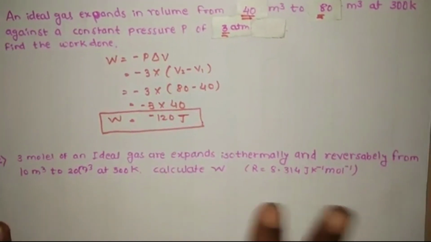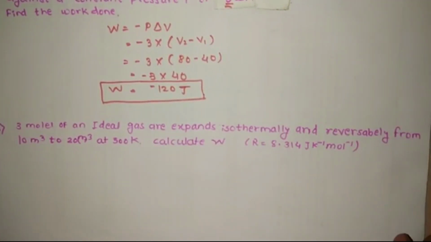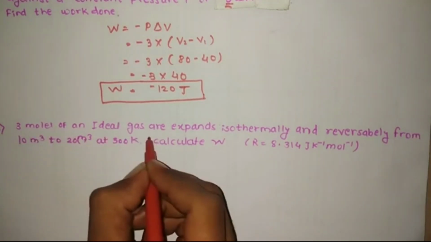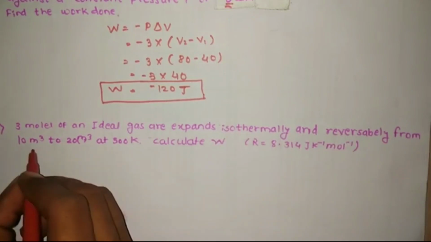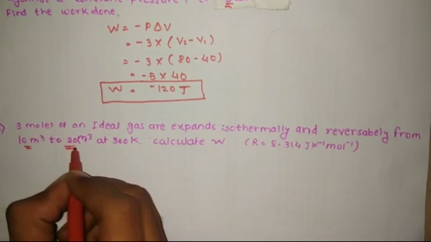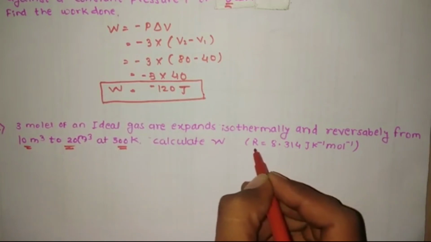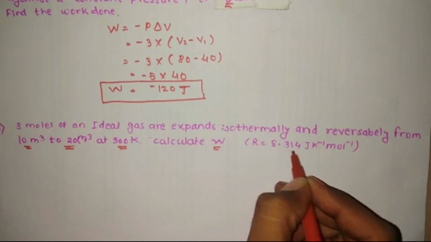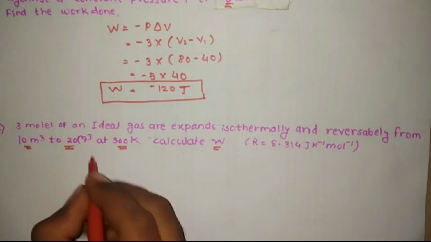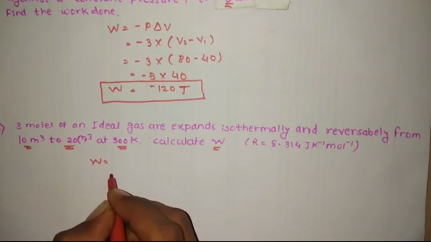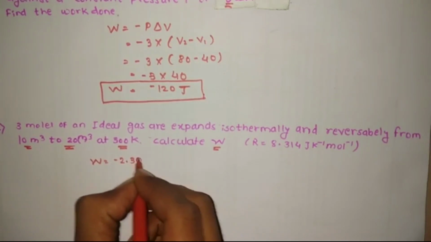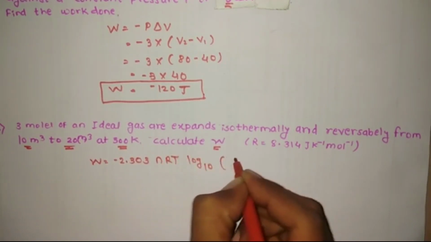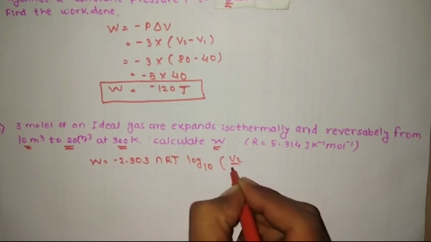Now the question related to maximum work done. 3 moles of an ideal gas are expanded isothermally and reversibly from 10 meter cube to 20 meter cube at 300 Kelvin. Calculate the work, and R is given as 8.314 joule per Kelvin per mole. We know that the formula for maximum work is minus 2.303 nRT log to the base 10 of V2 by V1.